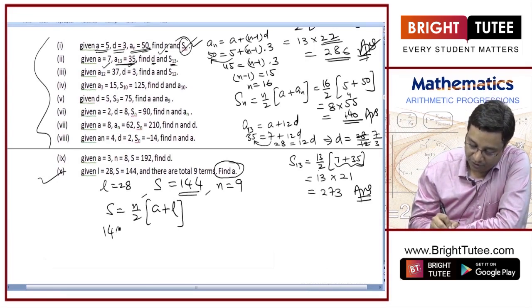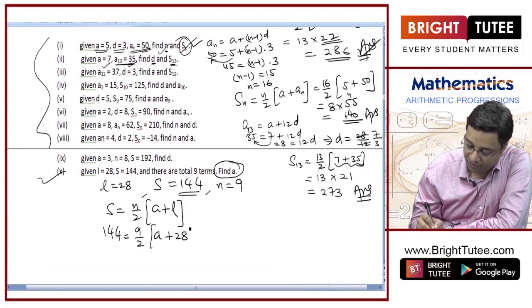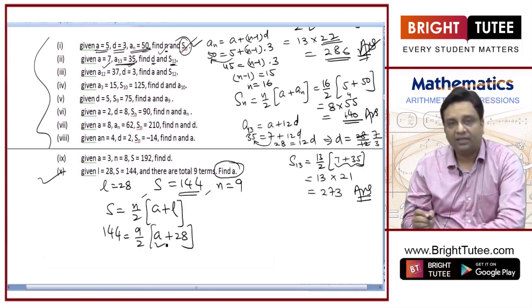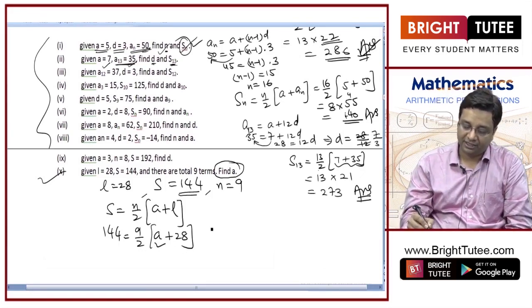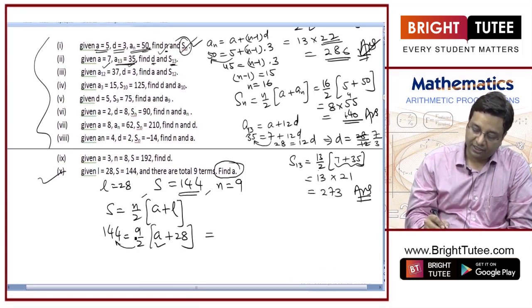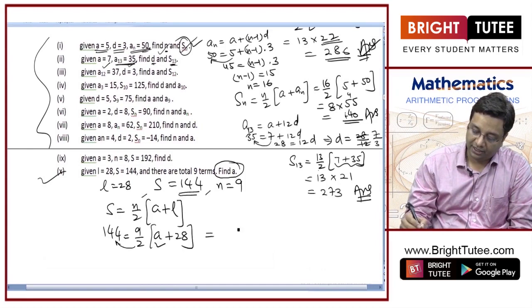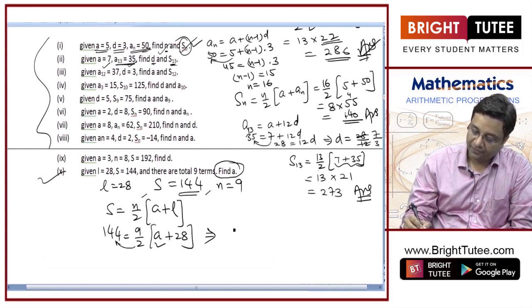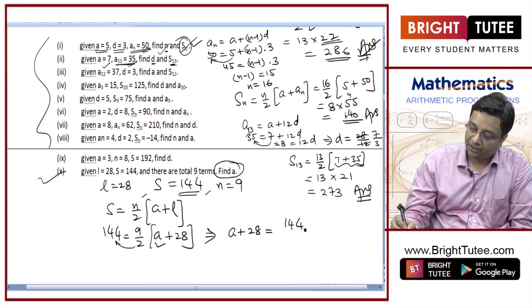S is equal to 144, n is equal to 9, a we need to find out, and l is equal to 28. So a is the only unknown here, which we can find very easily by multiplying by 2 and dividing by 9. So a plus 28 equals 144 into 2 divided by 9.